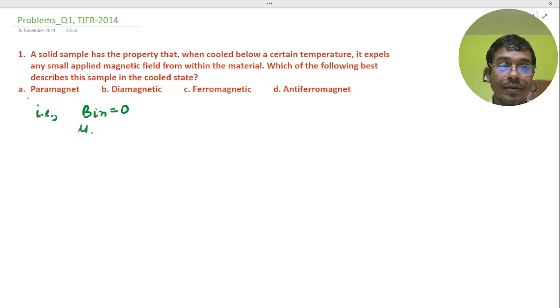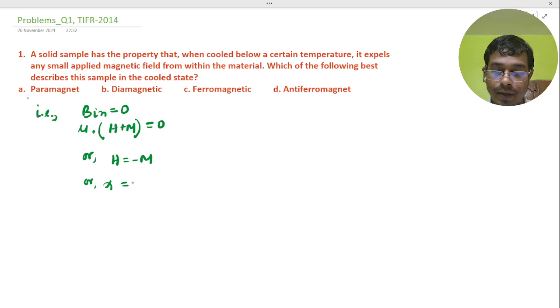So basically mu naught (H plus M) should be 0, or H should be minus M, or we have chi, the magnetic susceptibility, equal to M by H, and we put in the value and get the result minus 1.